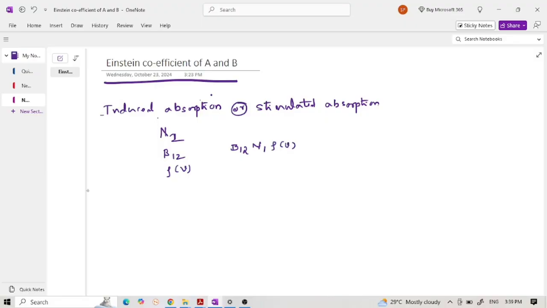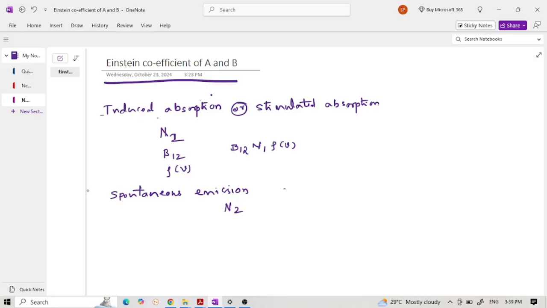And in spontaneous emission, the factors required are the number of electrons present in the excited state, that is N2.